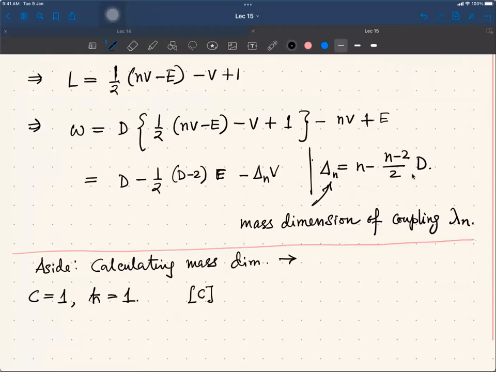The dimension of c is L by t, and that being 1 implies that L and t are same, which means that we are looking at both spatial length and temporal length as a unified length. We are not distinguishing them. So both L and t are same, and the dimension of h bar is angular momentum. Angular momentum is r cross p, so L times m times velocity, L by t, but L by t is 1, so it is L times m, and h bar being 1 implies that m is same as 1 over L.